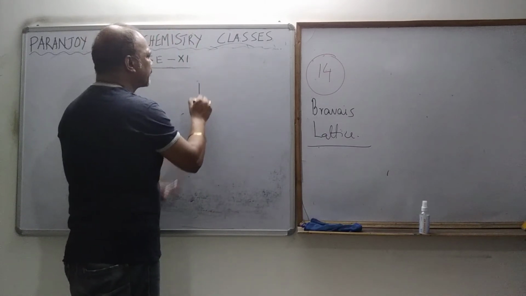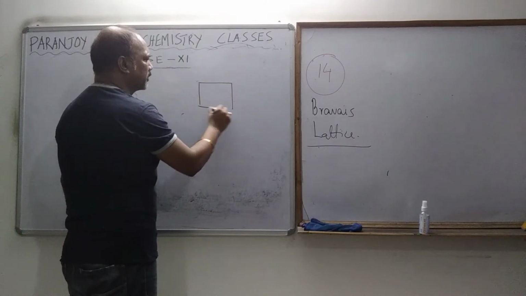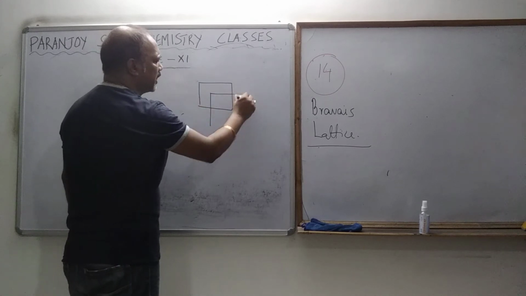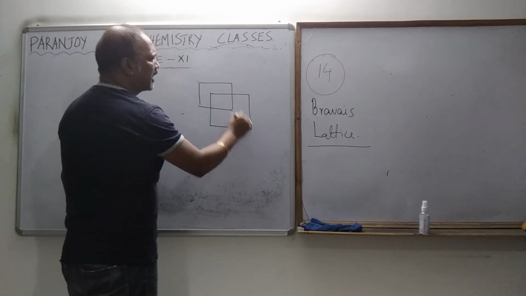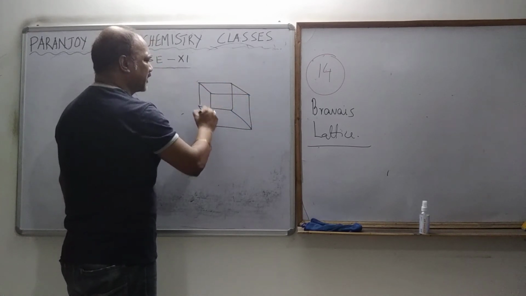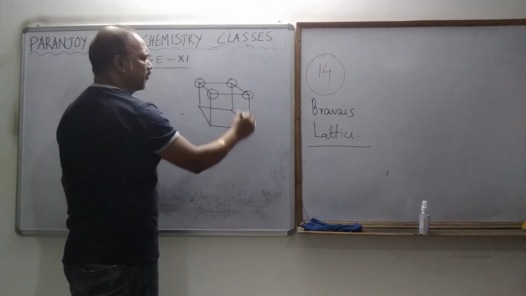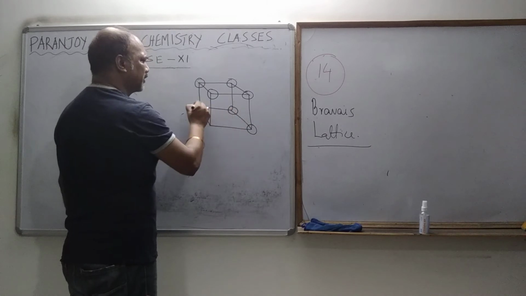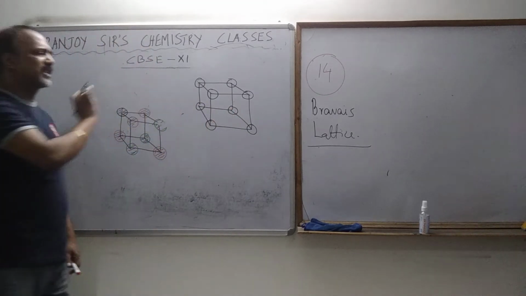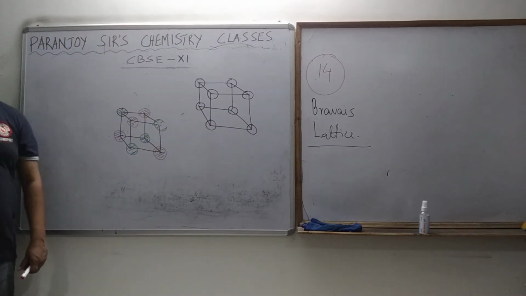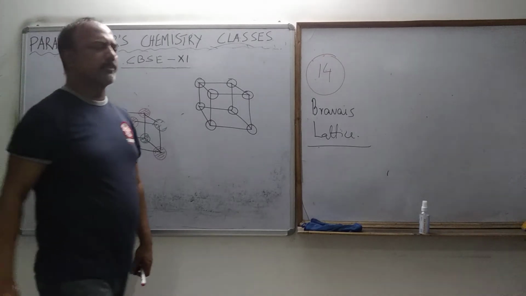I'm just drawing it, you can understand that. Suppose I'm drawing a cube, as only cube is there. And suppose the lattice points are present here, I'm just drawing spheres or circles over here. Please notice it and visualize it. Where are the lattice points present?